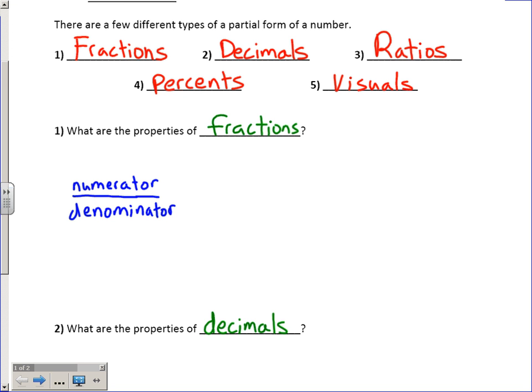So for instance, if I represent a whole as a circle, and I split it into 3 parts, the fraction that represents this is going to have the denominator of 3 because it's in 3 parts. Now say I shade in one of these parts.